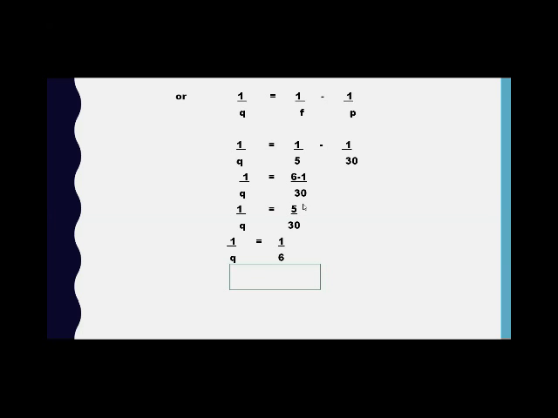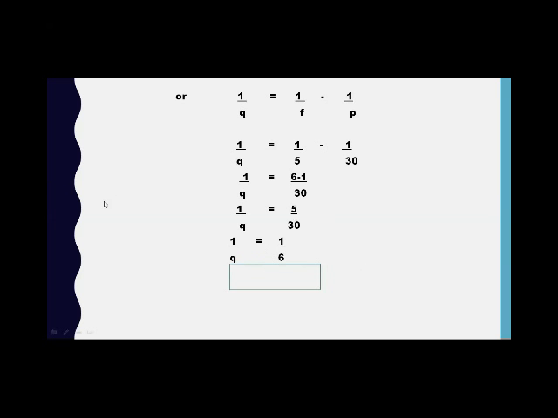After that, we must simplify it. 5 ones are 5, 5 sixes are 30. We will cancel it. So here we get 1 over q is equal to 1 over 6.